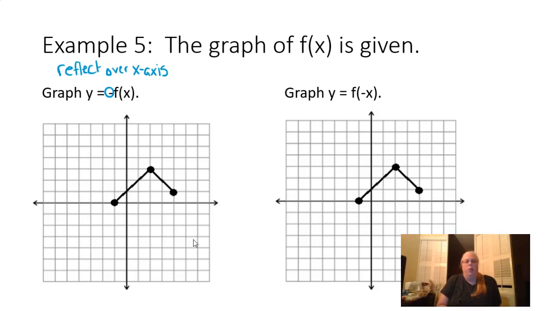For example, this point right here is 1 unit above the x-axis, so its reflection should be 1 unit below the x-axis right here. This point is 3 units above the x-axis, so its reflection will be 3 units below the x-axis. And then this point right here is on the x-axis, and so its reflection is the point itself. That means the reflection for this problem looks just like the blue graph right there.